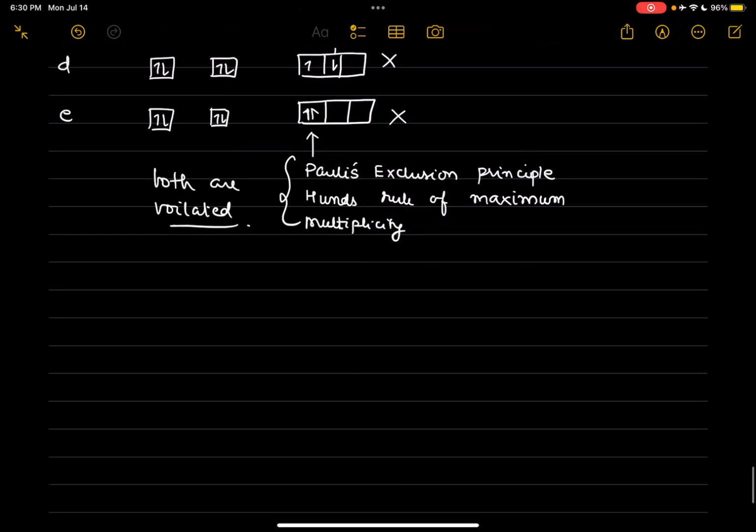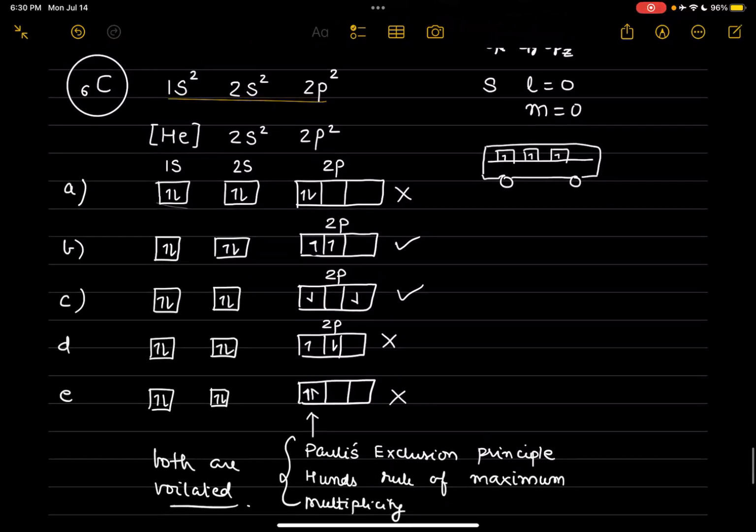Now we will move to the seventh element. So I will write the rule also.